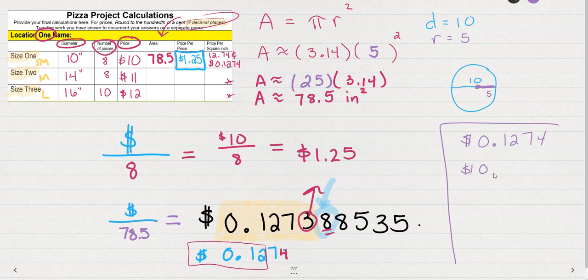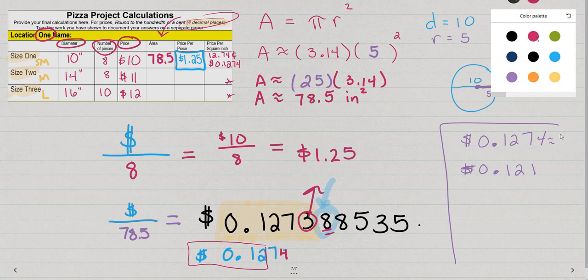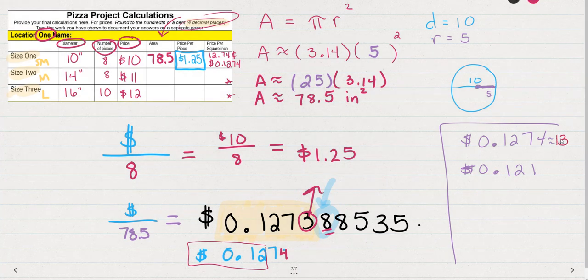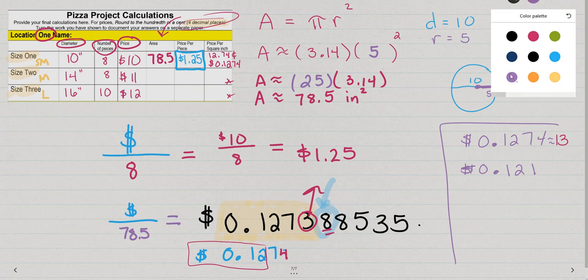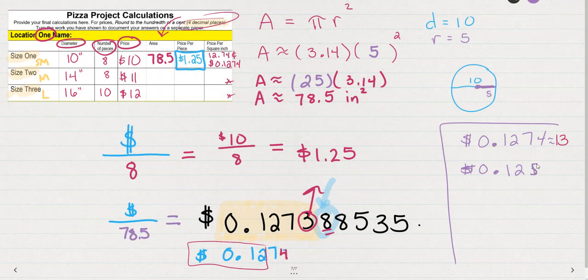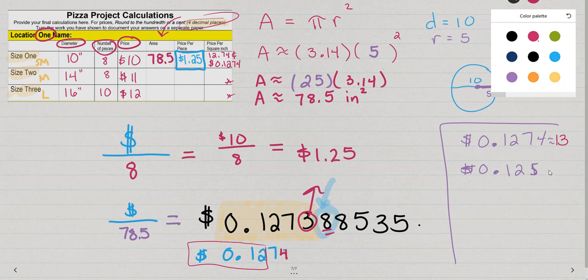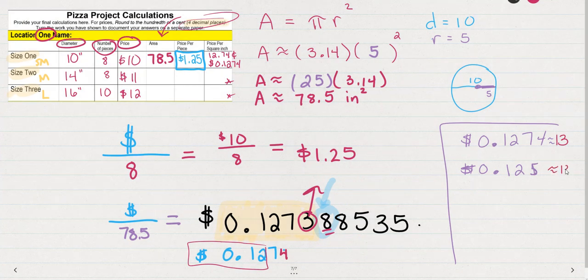If the next one is 0.125, so as I round these, I'd see that if I rounded just to the nearest cent, oh, in this case, wait, let me show you. Let me make this round up also. You see how even when I round, if I round these to the nearest cent, they both go to 13 cents. So I can't really see which one is a better price, which one has a lower price.